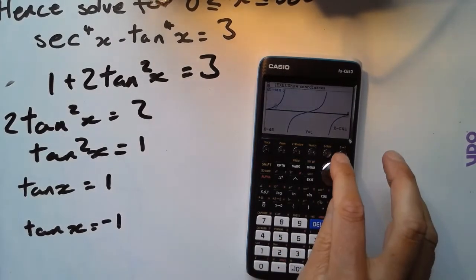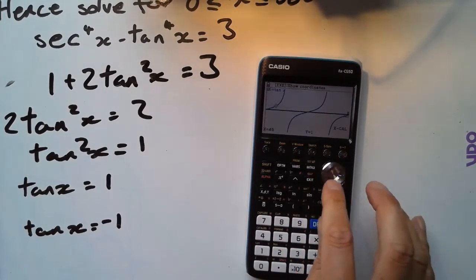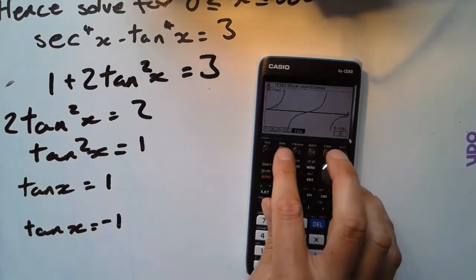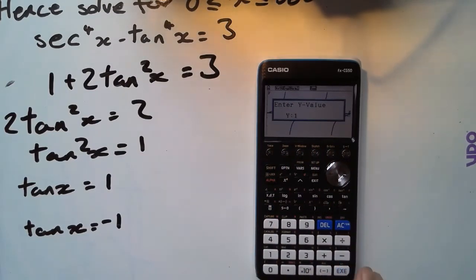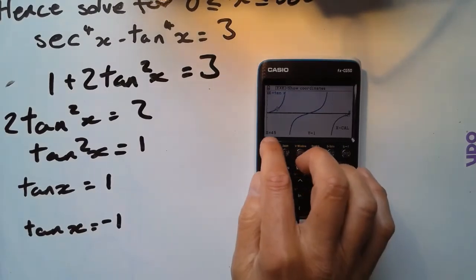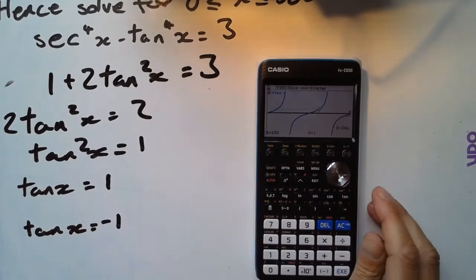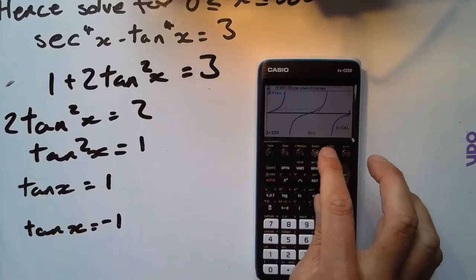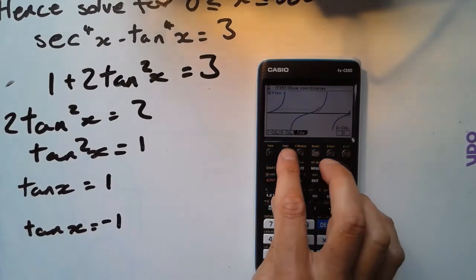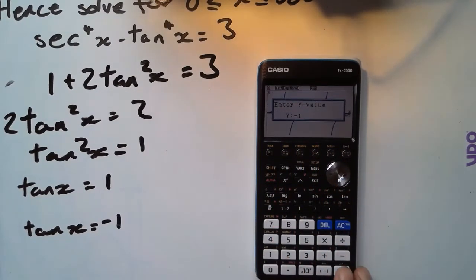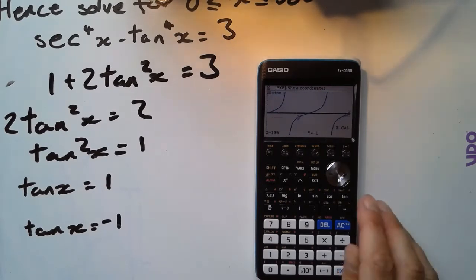I've already graphed it. We do G-Solve, go across, do xcalc, and solve it for x is 1. So I've got x is 45, and x is 225. Do G-Solve on the same thing for x is minus 1, and I've got x is 135 degrees, and x is 315.